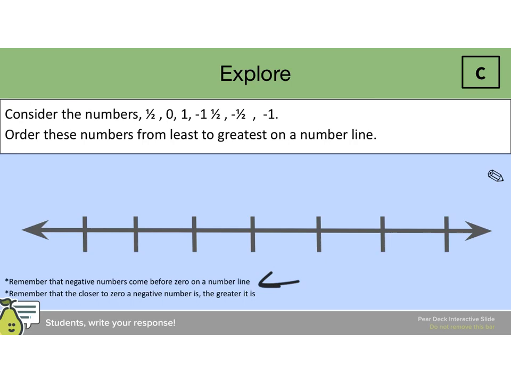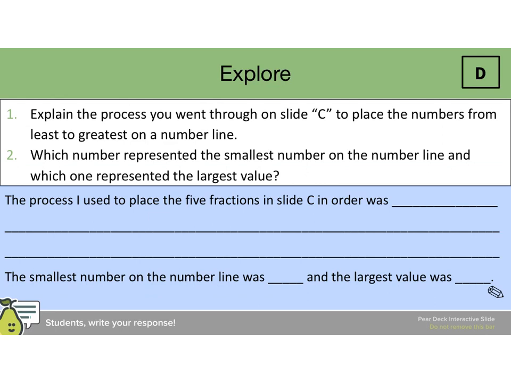So students should know that -1 will come last, and that +1 will be on this end, as it is the greatest value out of these numbers. Students, again, are going to explain the process they took to put these fractions in order, and they're also answering which number represented the smallest number on the number line and which one represented the largest value.